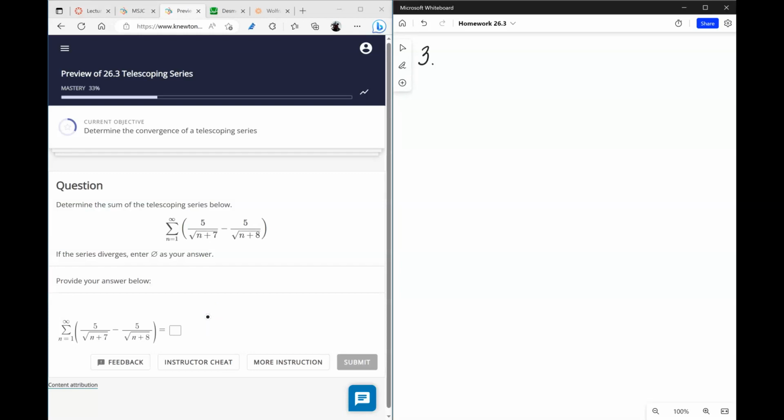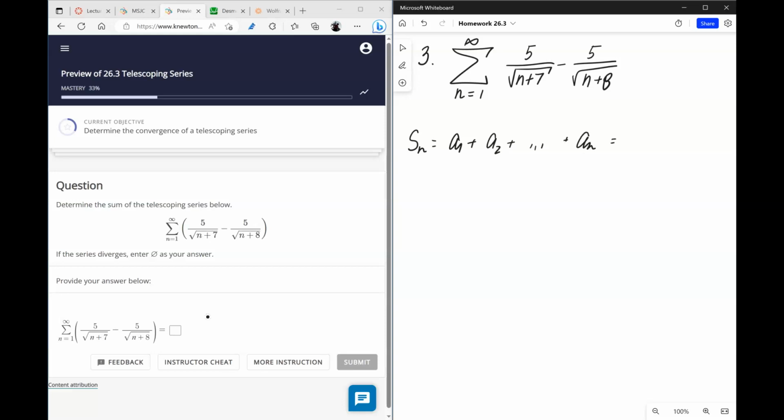We have another similar example. We know that this series is telescoping, so let's write Sn. Sn will be a1 plus a2 and so on plus an. The first term is 5 over square root of 8 minus 5 over square root of 9.